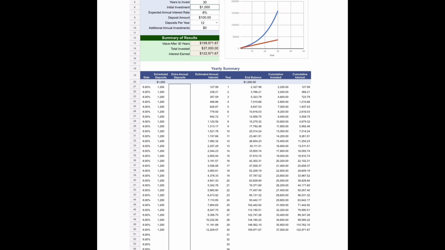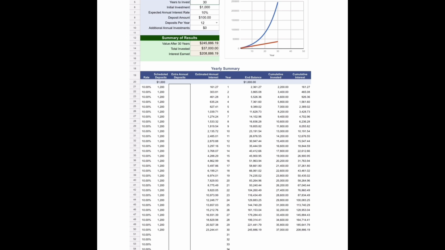So this was a better performing fund than that previous one at 6%. After 30 years, look at the account value. The real thing you want to look at is the interest earned, because that's basically money that you earned without doing anything. I mean, obviously you want to keep tabs on your account and whatnot, but yeah.